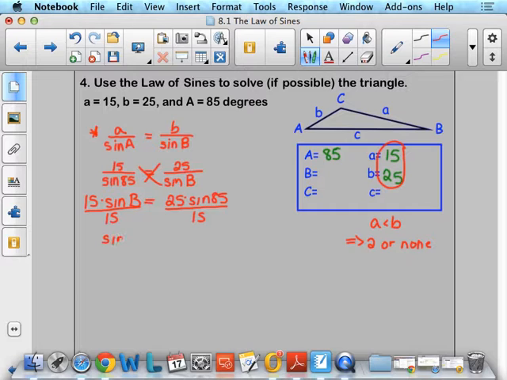So we have sine of B is equal to 25 times sine of 85 divided by 15. Okay, so you get sine of B is equal to 1.66.